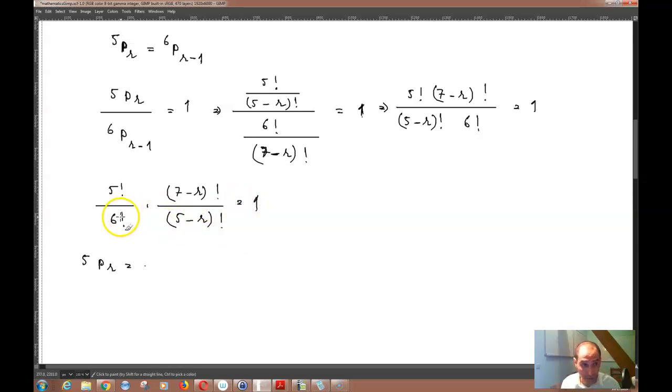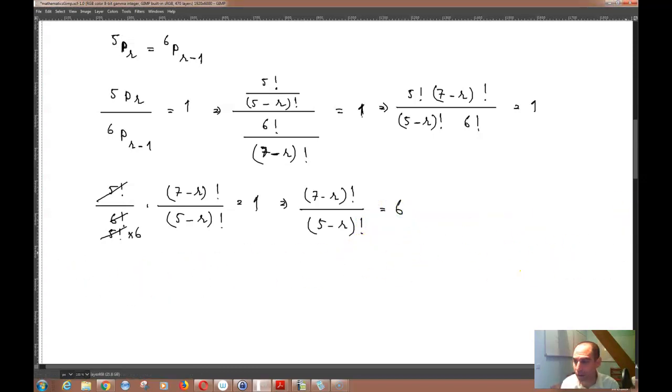Now this I can write as 5 factorial times 6, and then I can simplify these two. And so I can multiply by 6 both sides of this equation and get 7 minus r factorial over 5 minus r factorial is equal to 6.